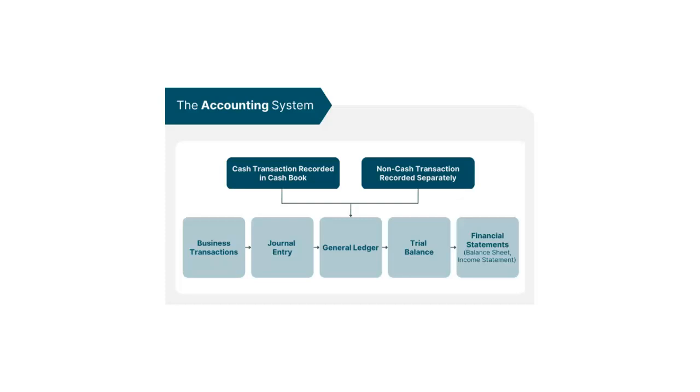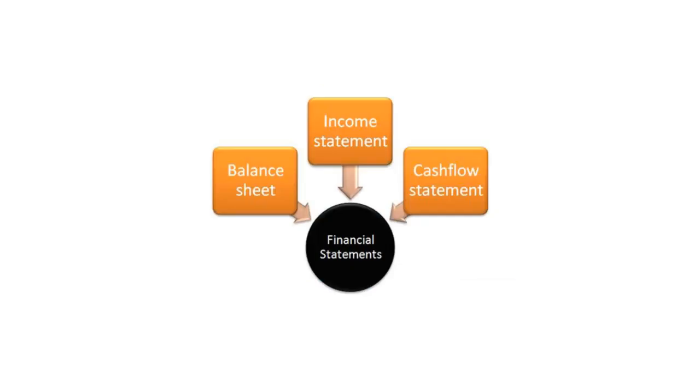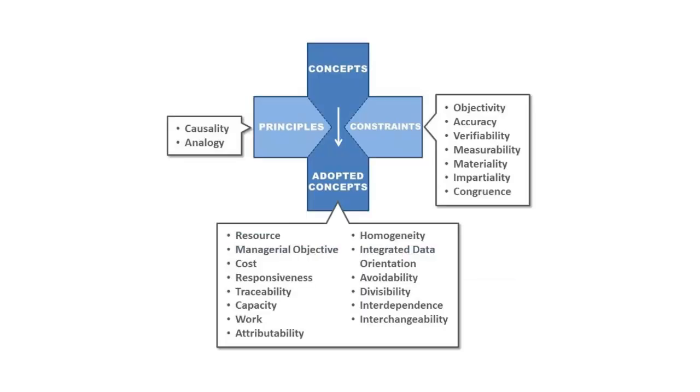Thereafter, once the financial period completes, all the accounting activity culminates into the financial statements, which we just discussed: the balance sheet, the profit and loss or income statement, and the cash flow statement. Now, when we are out to understand the accounting functionality, we need to understand the accounting concepts, the accounting principles, as well as the accounting assumptions and constraints.